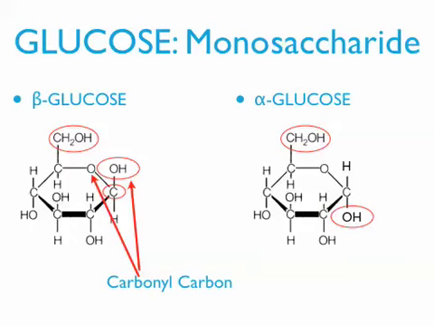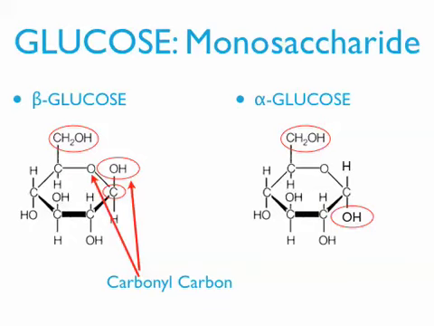If the hydroxide group bonded to the carbonyl carbon is on the opposite side of the ring to the methanol group, we have alpha glucose. That's on the right of screen. Remember, alpha is opposite. You need to know and be able to recognize the difference between alpha and beta glucose. You need to be able to draw alpha and beta glucose.